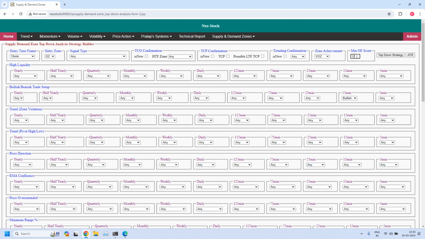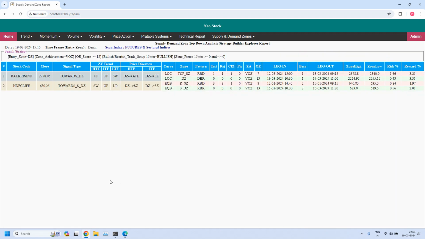If these conditions are met by any zones, I am going to list only those zones. So currently 2 stocks are supporting these conditions, which are supporting bullish trade setup for short-term income trade. Especially this is for daily income trade.